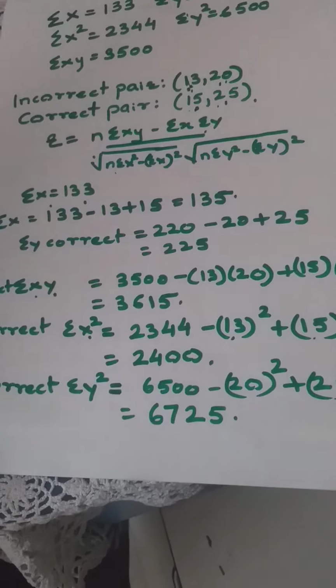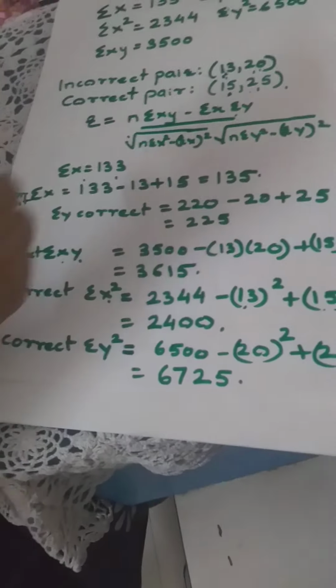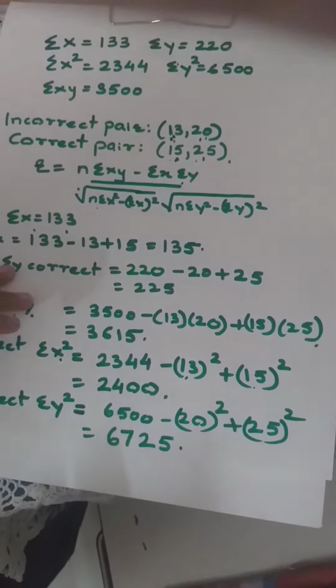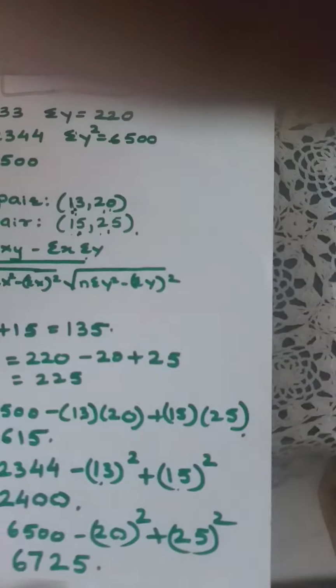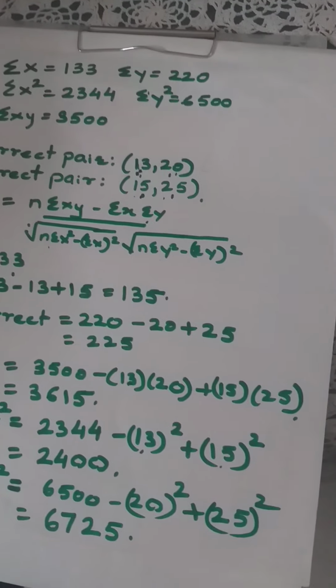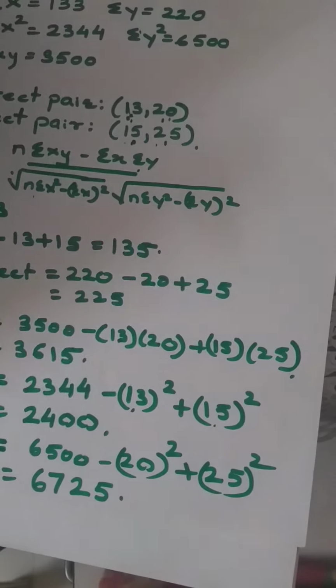Now the next point here is we have to put all these values in our correlation coefficient formula, right? So in order to do this, we find r now.